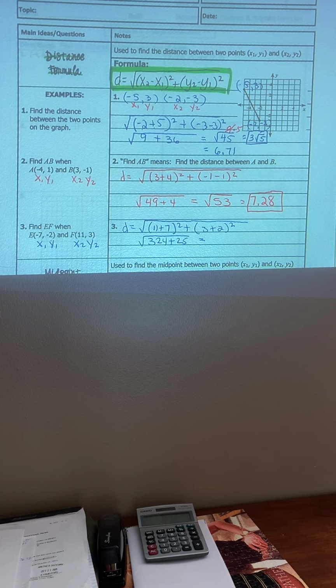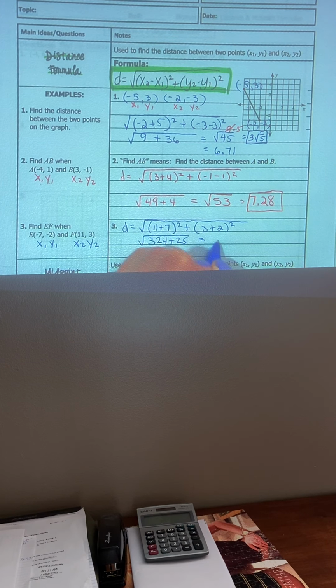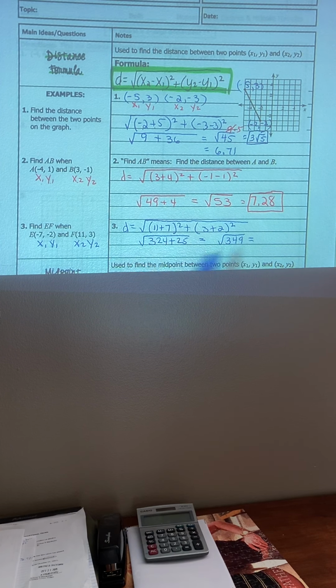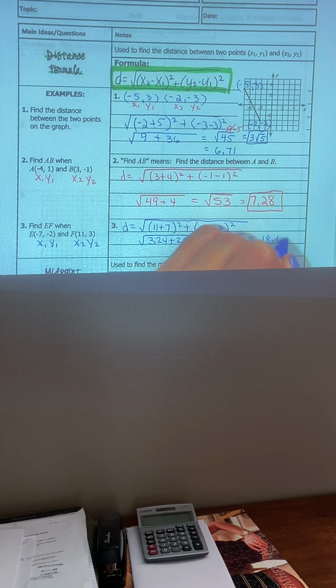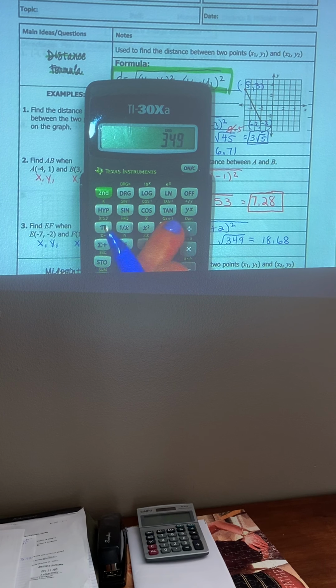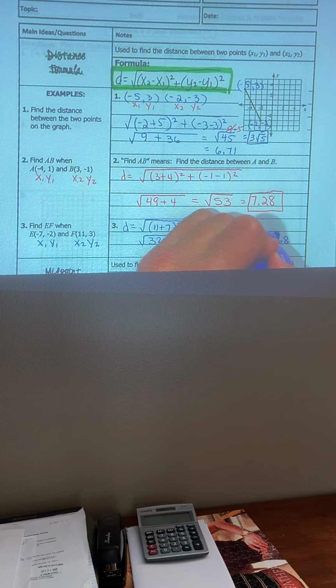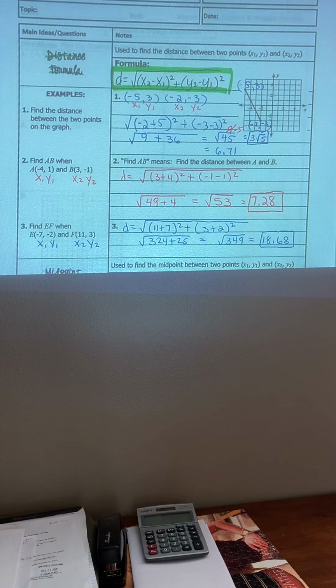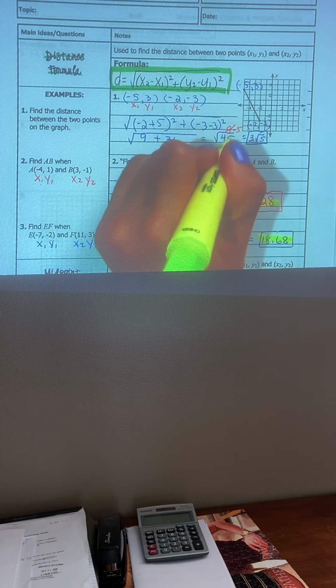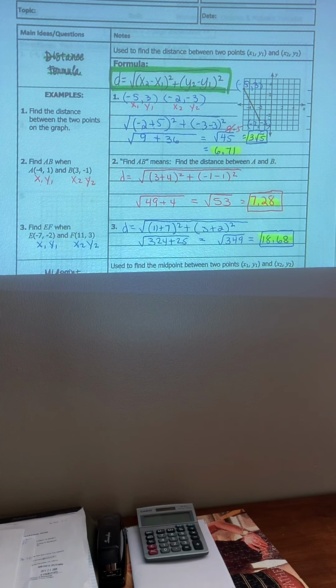So 324 plus 25 gives me 329. I'm sorry, 349, excuse me. And do that on the calculator. Square root of 349 is 18.68. Okay, and there's our distance formula.